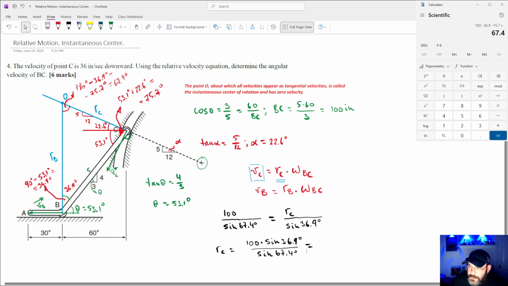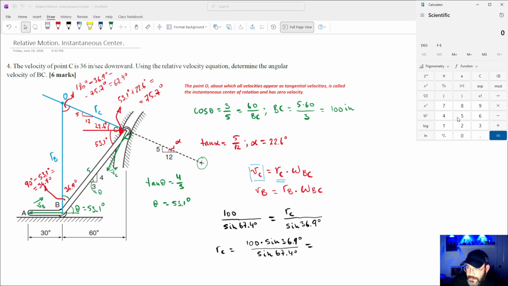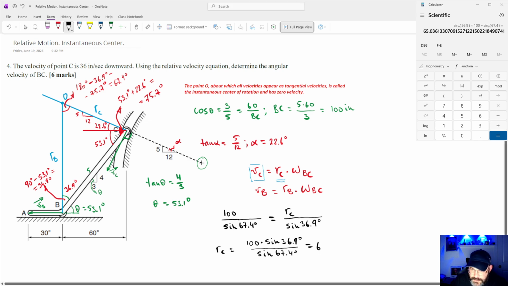Okay, so let's calculate this. We have sine of 36.9 multiplied by 100 divided by sine of 67.4, and so it is equal to 65 inches.